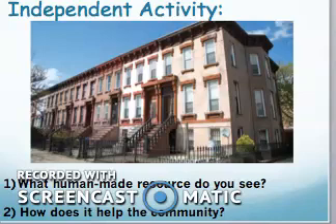And then you're going to answer, I see a, look at the picture, what do you see? Number two, how does it help the community? You're going to look at this human-made resource and think to yourself, how does this help our community? Why do we need this? So in your notebook, you're writing down these two questions, look at this picture, and answer those two questions.